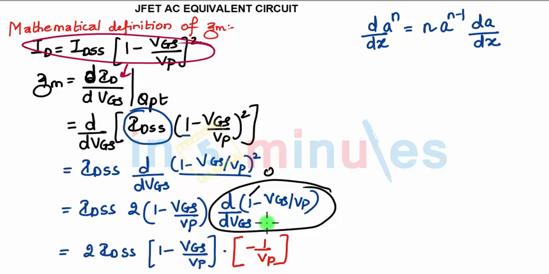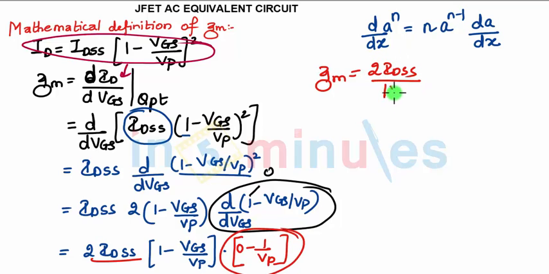The derivative of 1 is 0, so 1 minus VGS by VP gives 0 minus 1 by VP. So I can write GM as twice IDSS upon mod of VP times (1 minus VGS by VP). Since the conductance cannot be negative, I am writing VP as mod of VP.